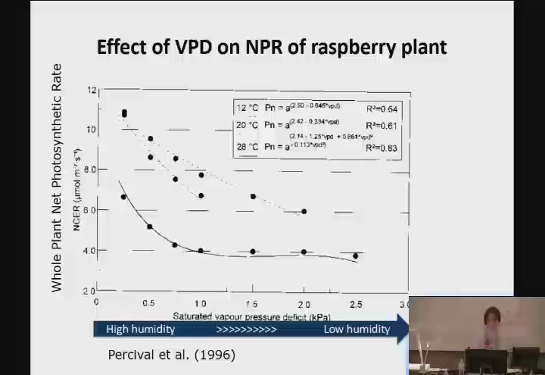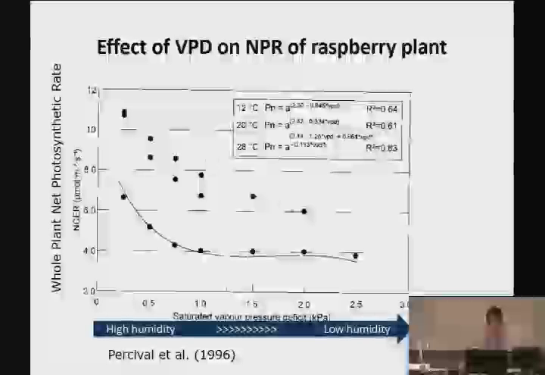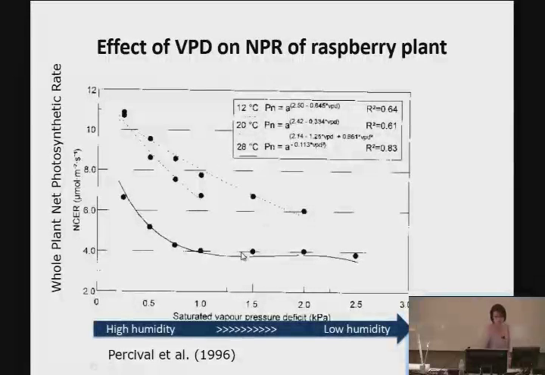They are measuring net photosynthetic rate as a gas exchange, so how much CO2 is taken up. And you can see the decline of net photosynthetic rate as humidity declines. And when temperature is higher, the reduction of photosynthesis is much faster than when temperature is cooler or lower.